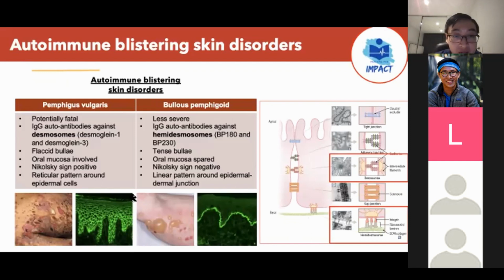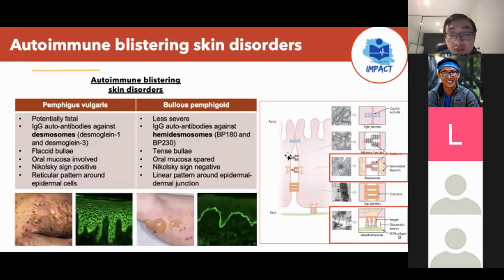Now, pemphigus vulgaris is caused by IgG autoantibodies against desmosomes, which lie between epithelial cells. Specifically, the antigens are desmoglein 1 and desmoglein 3.